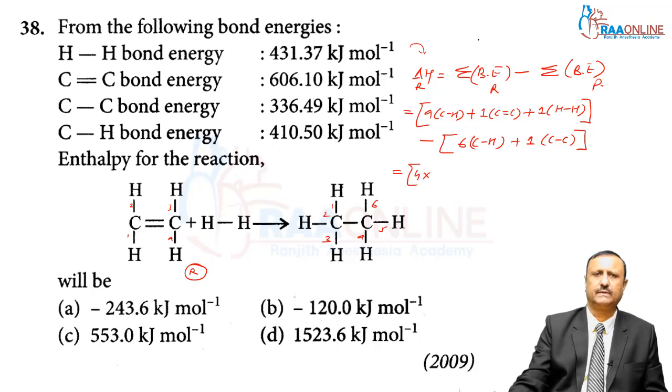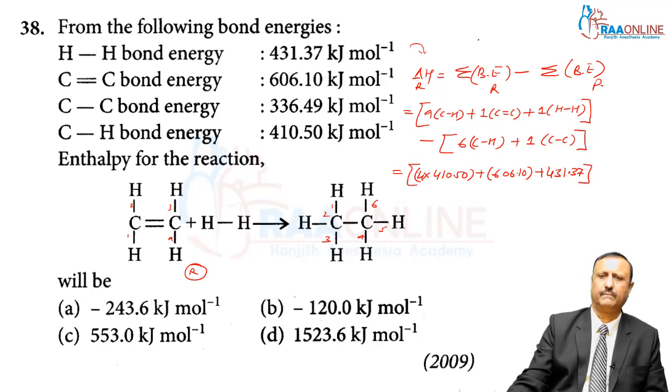So, 4 multiplied by the CH, 410.50, you can multiply, plus carbon double bond carbon, this is 606.10, plus HH bond, the bond energy is 431.37, and this whole is added and minus by this, these are the reactants minus products.